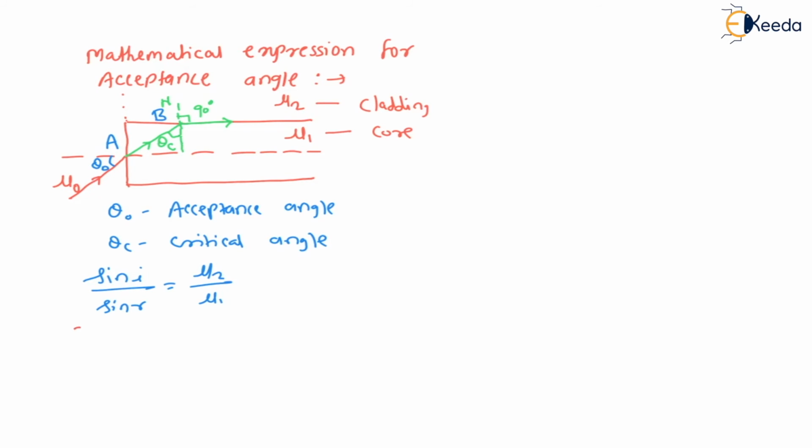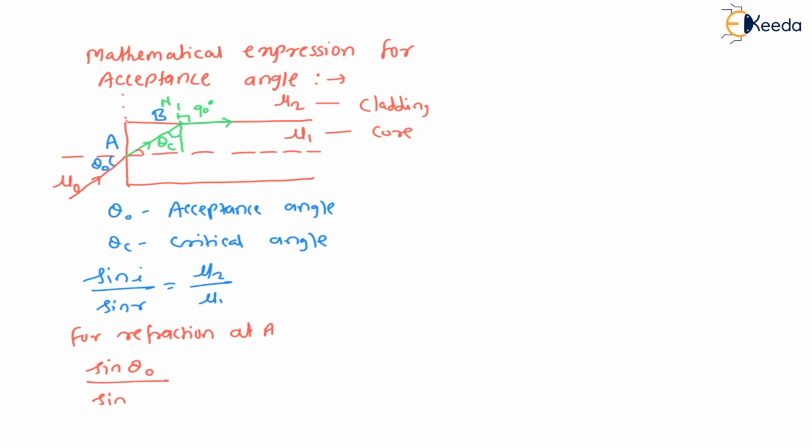So now for refraction at point A, we can write this equation as follows. At refraction at point A, the angle of incidence is nothing but the acceptance angle. So it will be sin theta naught divided by this angle. The value of this angle, see, it's simple mathematics.